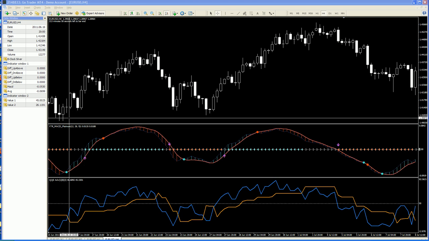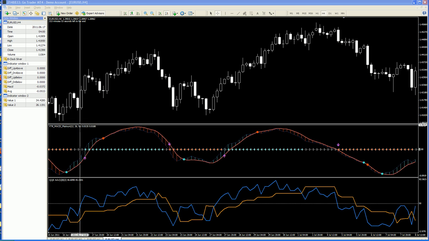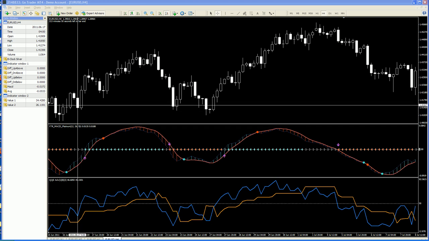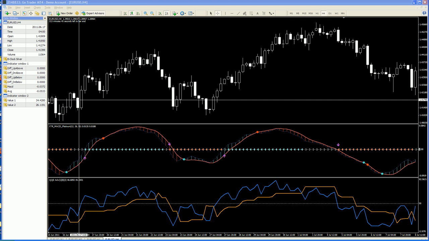Now because there were 2 entries, there was one on the initial entry and there's a second one on the cross down here. I'm not sure if you can work out an average, you know, put me in a break-even spot or not.